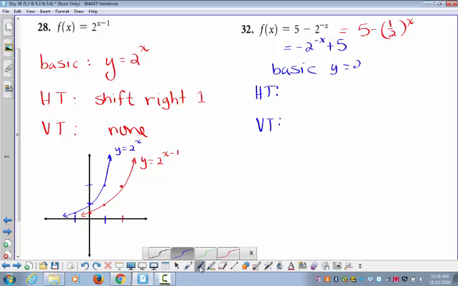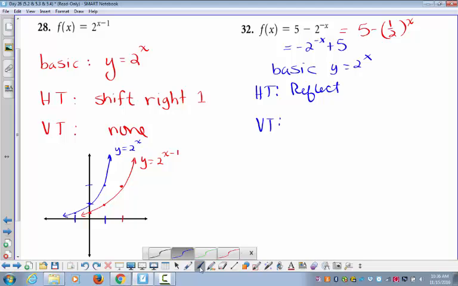So basic function 2 to the x. Horizontal transformations happen inside the function, and inside for an exponential function means up in the exponent. So we only have one transformation up there, that's a reflection. That's a horizontal reflection, so that means through the y-axis.